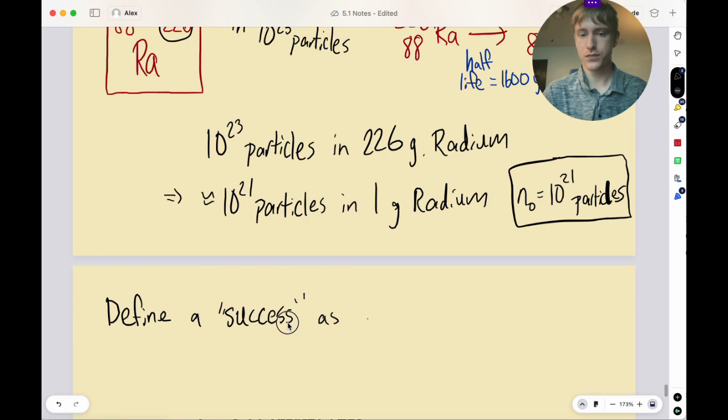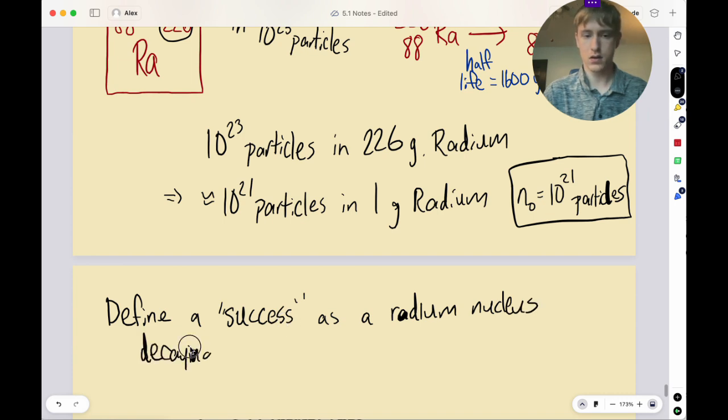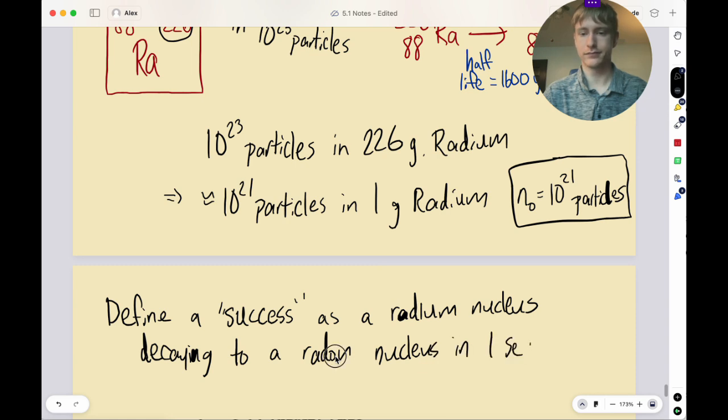as a radium nucleus decaying to a radon nucleus in 1 second. So why am I bringing up time?